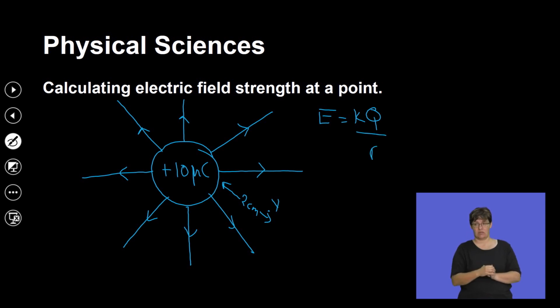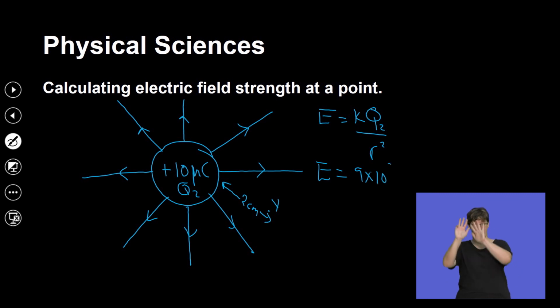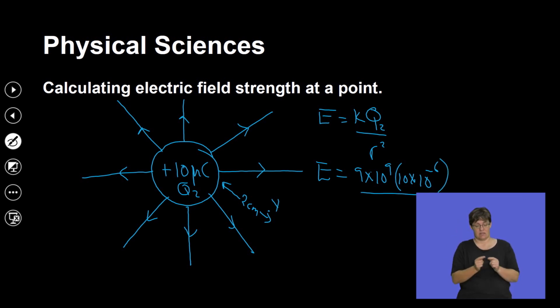Let's call this Q2, just to vary it. So E becomes 9 times 10 exponent 9 multiplied by, you do the necessary conversion, 10 multiplied by 10 exponent -6, micro is -6, divided by the distance, which is 2 times 10 exponent -2, then we square that.